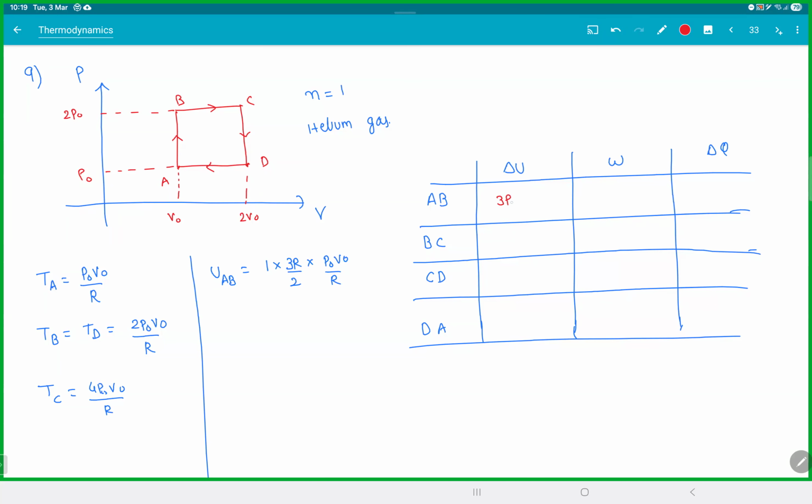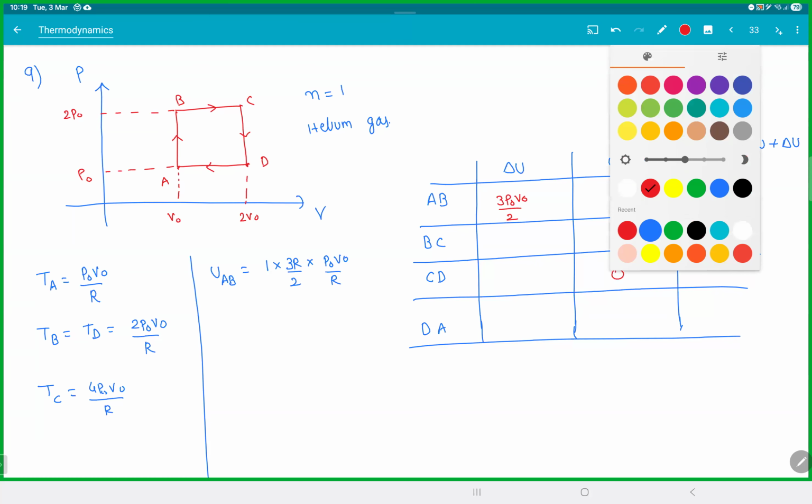So this guy is 3P naught V naught by 2. And I also know AB and CD are isochoric processes, so work done 0, work done 0. And delta Q is nothing but work done plus delta U. So I can directly add it up. So I got this thing also. It's kind of feeling like a Sudoku kind of thing.